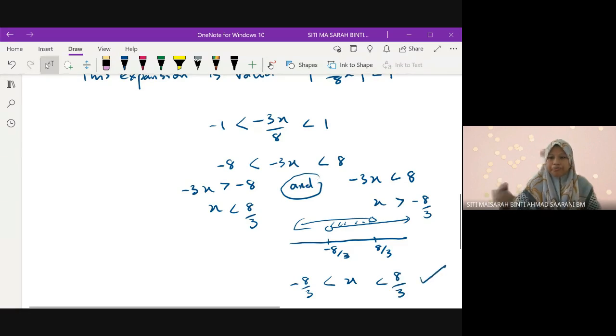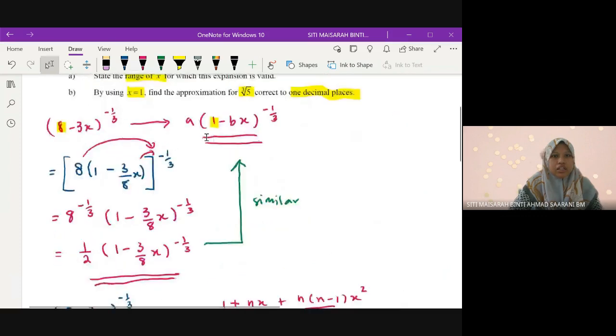Yang ini ya. Okay, value x awak mesti in between negative 8 over 3 until 8 over 3. Di dalam range inilah, is not including lah. So kalau ikutkan 8 over 3 is 2.67 something. Okay, so maksudnya range dia di antara negative 2, kosong, negative 1 macam tu lah.